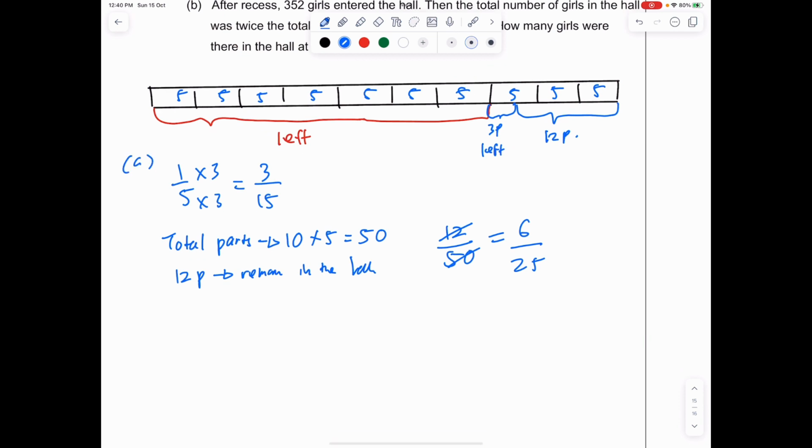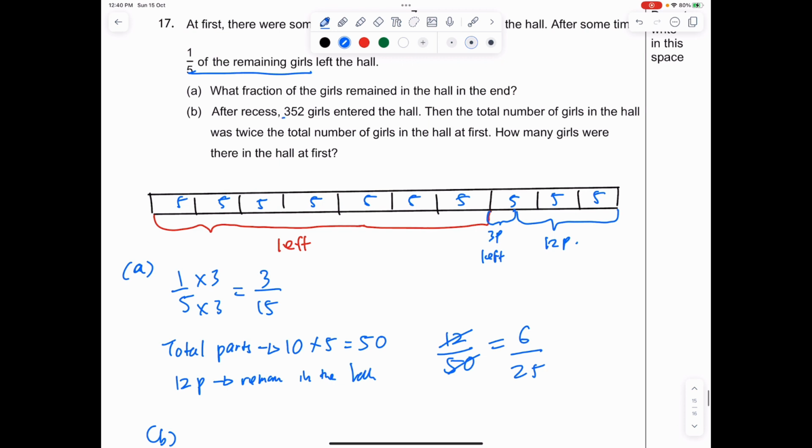This is for A. Now for B, they said after recess, 352 girls entered the hall. The total number of the girls in the hall was twice the total number of the girls at first. How many girls are there in the hall at first?